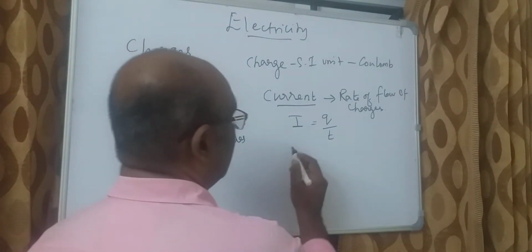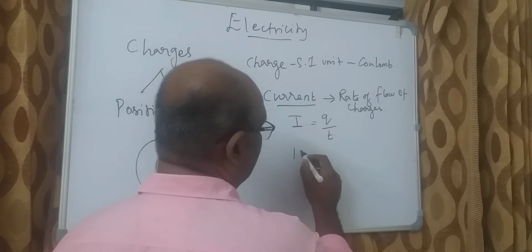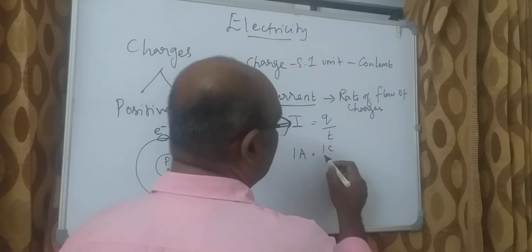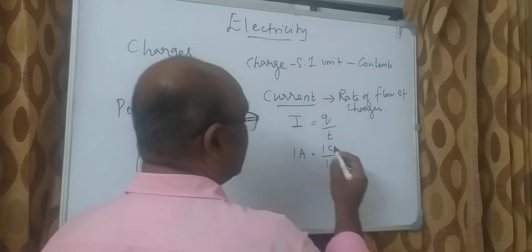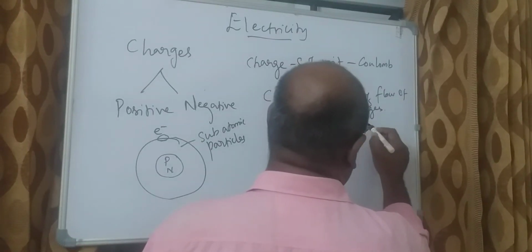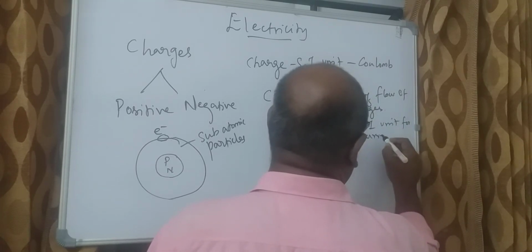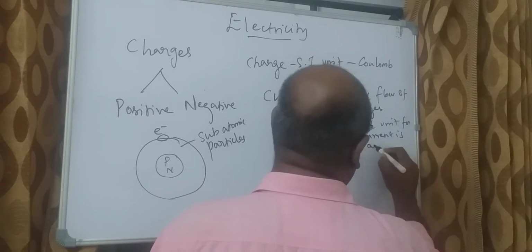Now, what is 1 ampere of current? 1 ampere of current is nothing but 1 coulomb divided by 1 second. The SI unit for current is ampere.